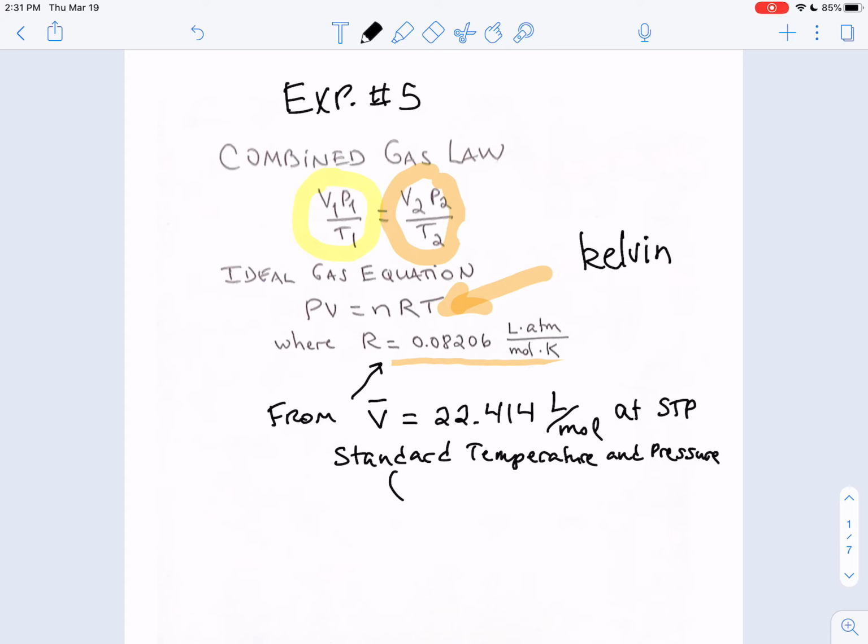For our purposes, what that's going to mean is 0 degrees Celsius and 1 atmosphere of pressure. If we use that value and we plug it into this equation, along with the corresponding temperature and pressure, we can calculate this value of the gas constant, the 0.08206 liters atmospheres per mole per Kelvin.